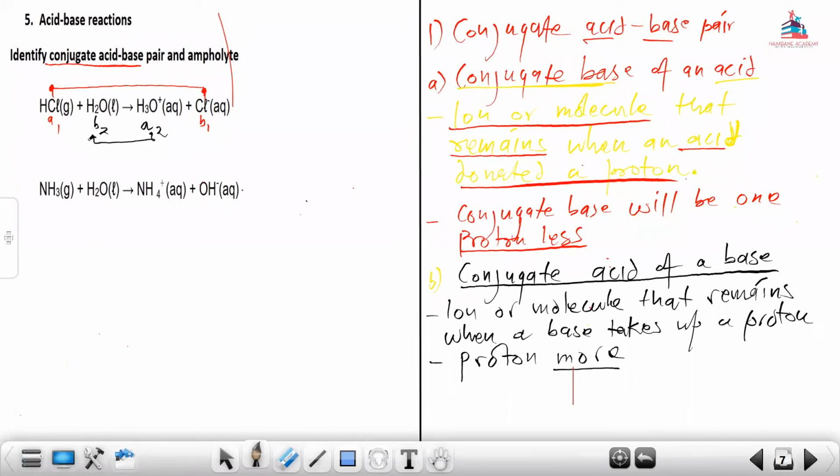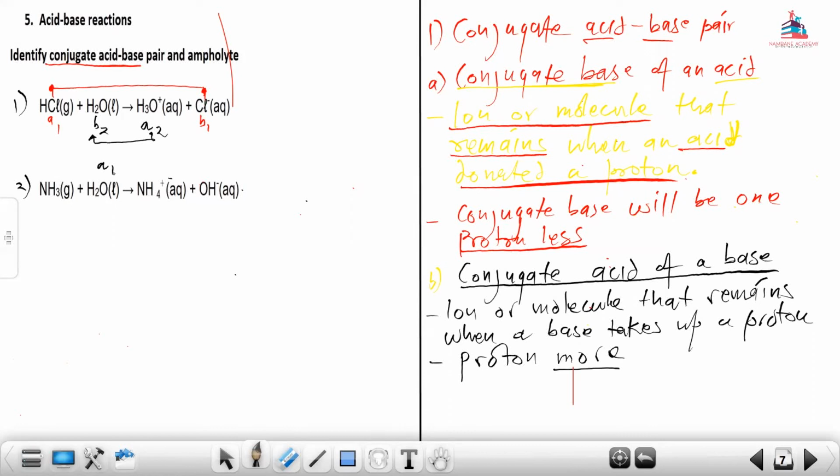Now moving forward and checking exactly what happened on reaction number 2, did water donate or accept a proton? Very easy. Water donated a proton such that we move from NH3 to NH4 plus. So the fact that water donated a proton makes water an acid.